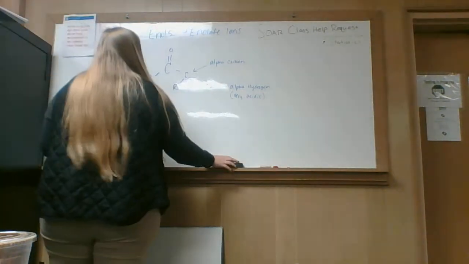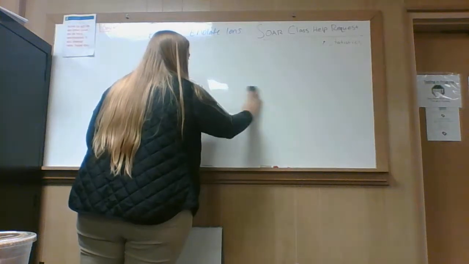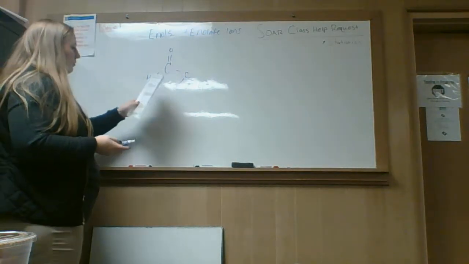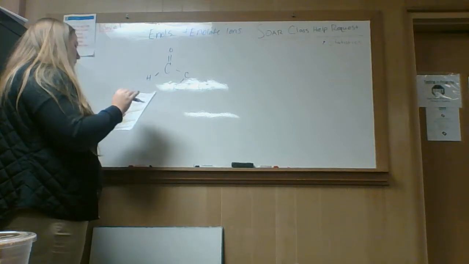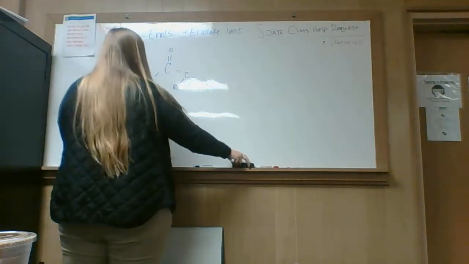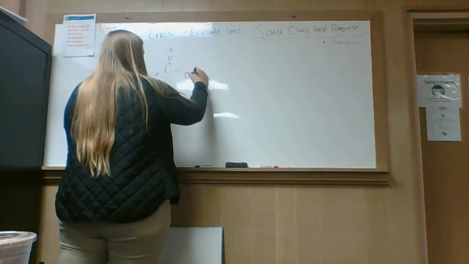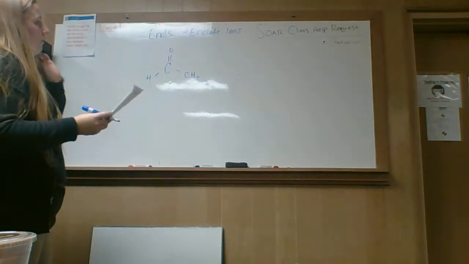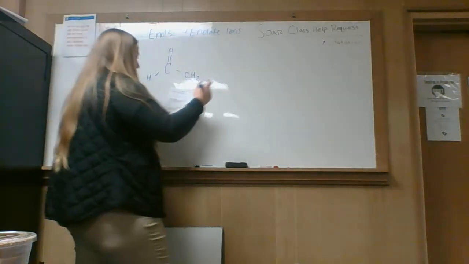Okay. So, when we have molecules that are in this orientation, I'm actually going to change this. Okay, so when we look like this, there are two different forms that this can take. There's a keto form and an enol form.